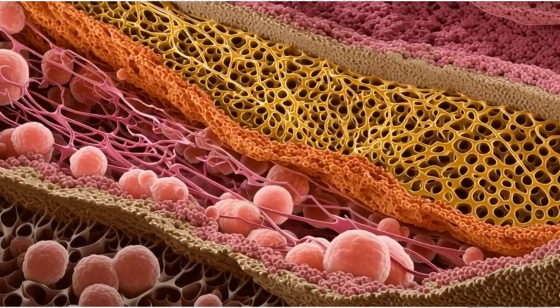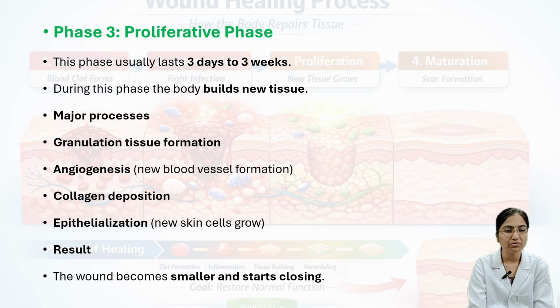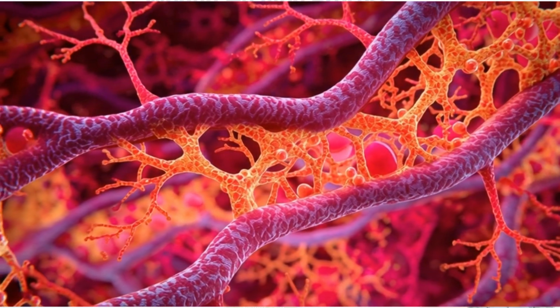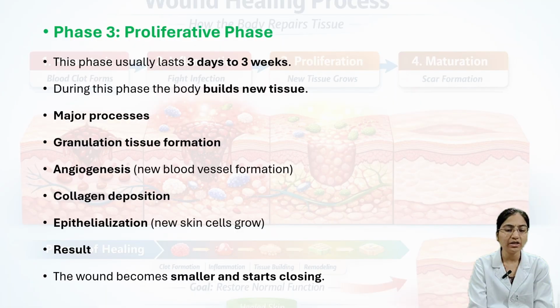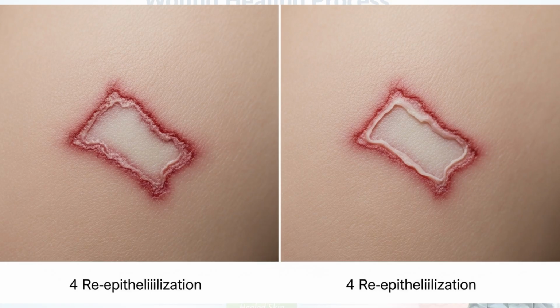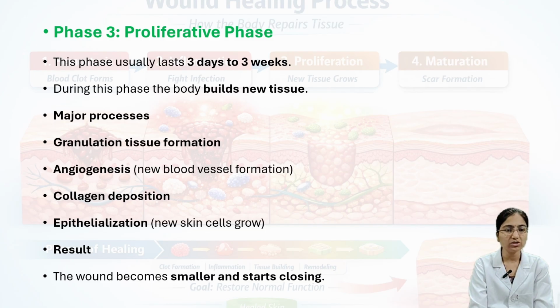The major processes in this phase are granulation tissue formation, angiogenesis, that is new blood vessel formation, collagen deposition, and epithelialization, that is new skin cell growth. As a result, the wound becomes smaller and starts closing. That is the third phase, the proliferative phase. It will last for 3 days to 3 weeks.